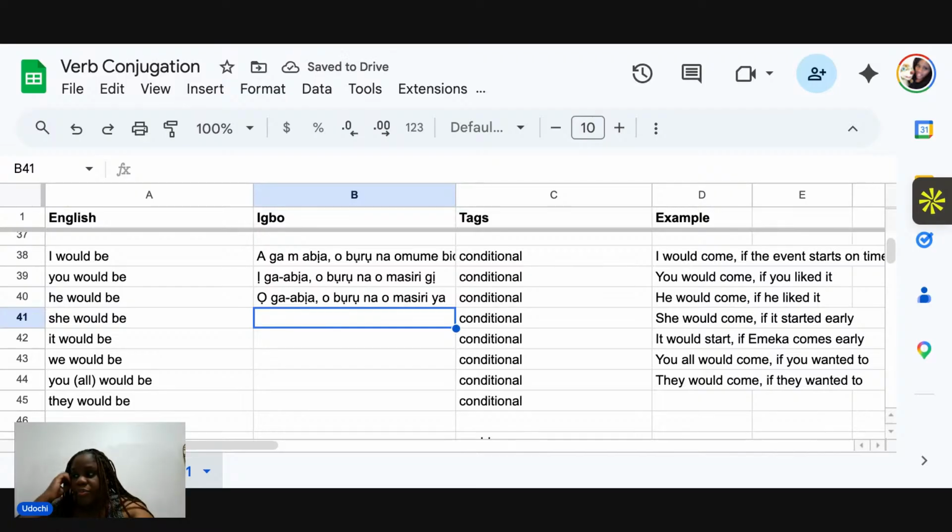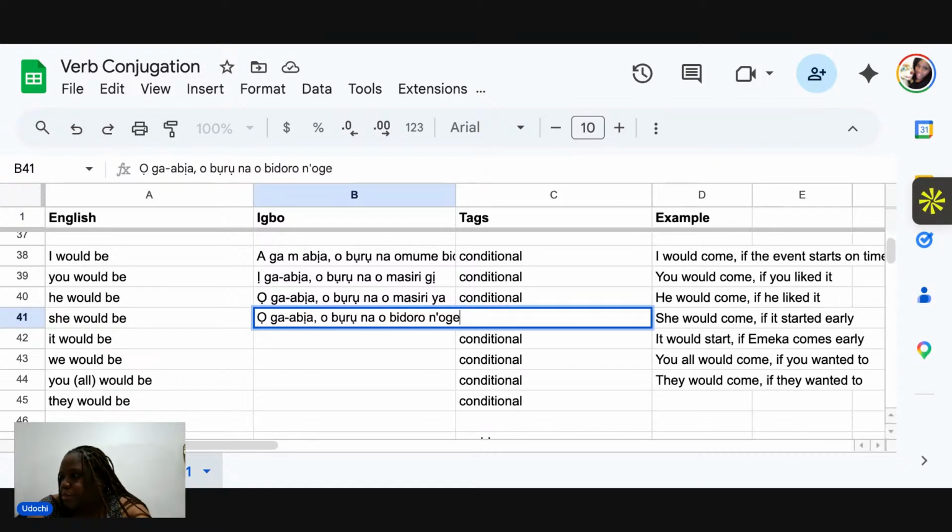She would come if it started early. Ọ ga-bịa. Ọ bụrụ na o bidoro n'oge.